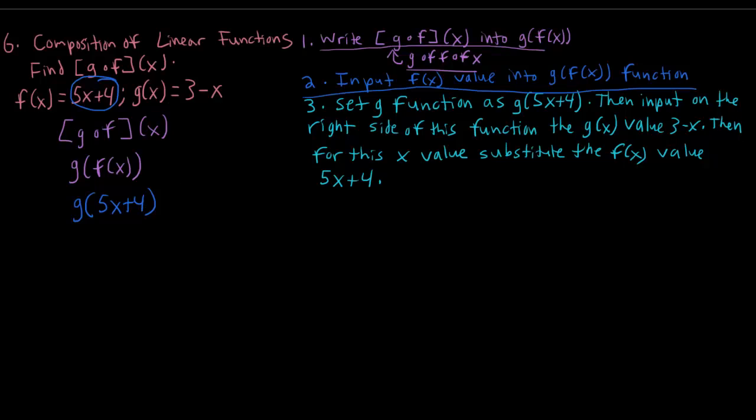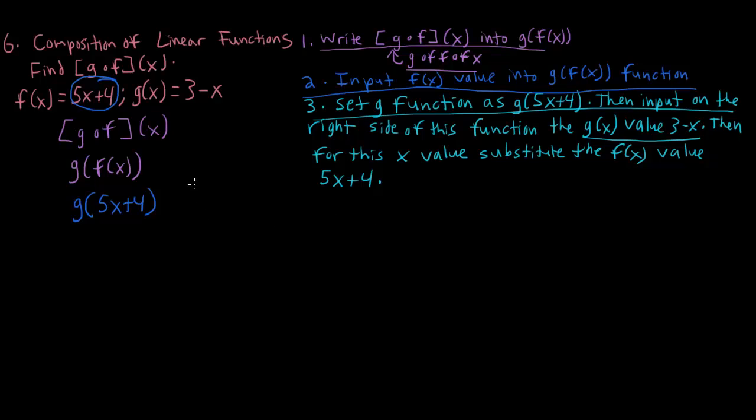Step 3 says set the g function as g of 5x plus 4. Then input on the right side of this function the g of x value, 3 minus x. Then for this x value, substitute the f of x value 5x plus 4.